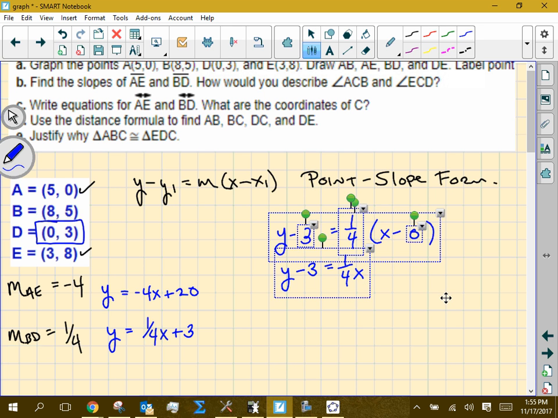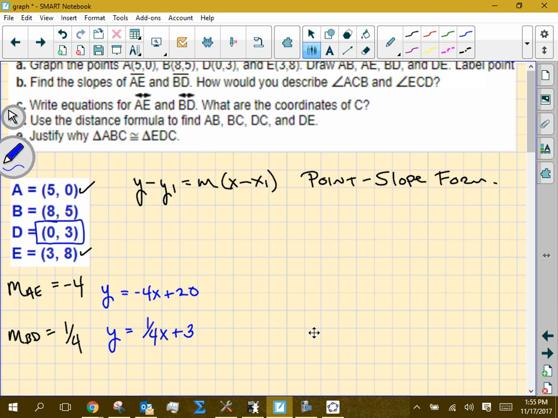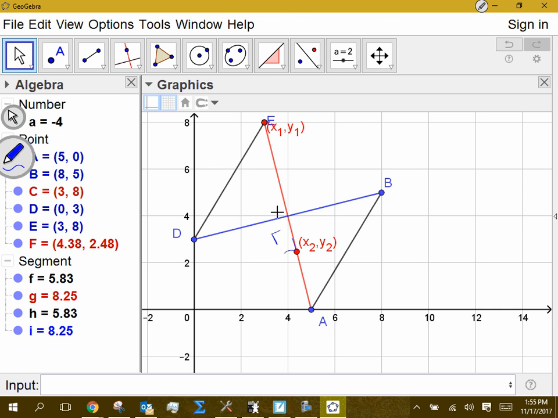All right. Now here's why they asked us to do that. Our goal is actually to find the coordinates of C. Well, the only way we can find coordinates of C is understanding that point is created by the intersection of the red line and the blue line, right? If you remember back to Algebra 1, when you solve systems of equations, the first way you probably did that is through a graph.